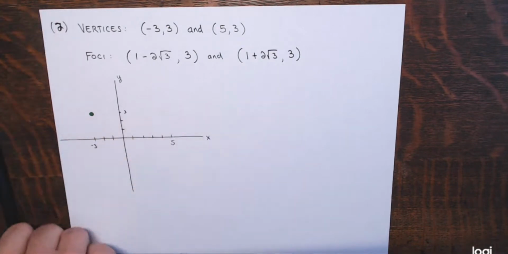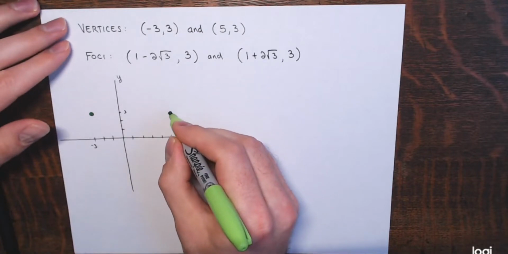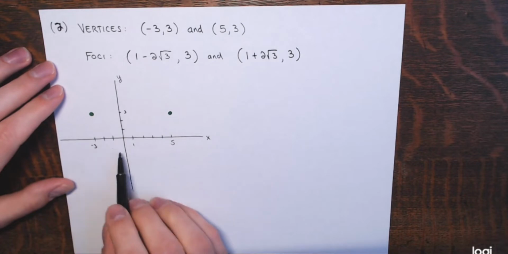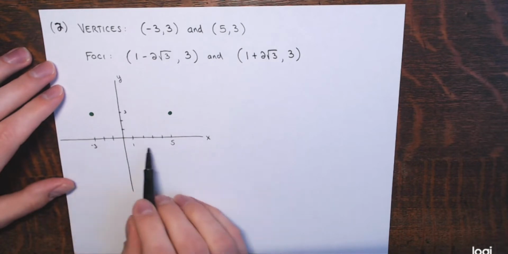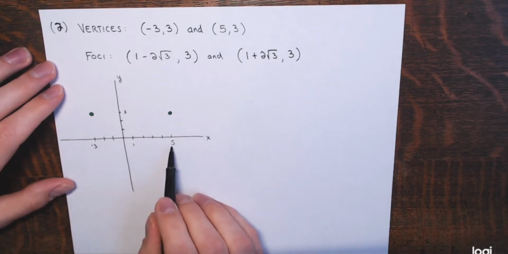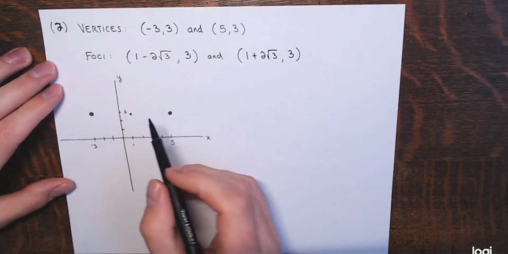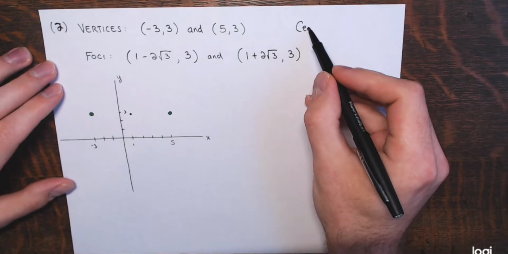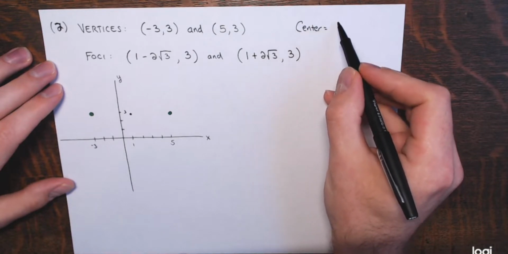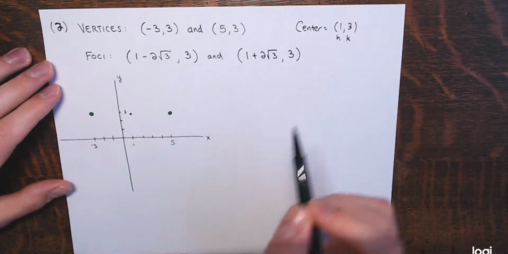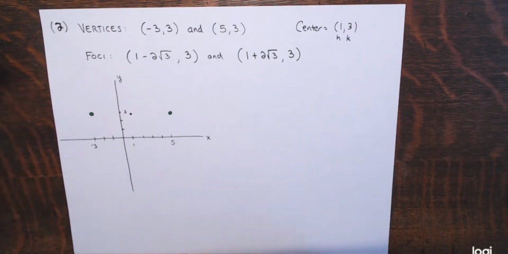So the center should be at 1, 3. Right? That's exactly halfway between these. Negative 3 to 5 is 8 units. Half of that is 4, so I need to go 4 units away from the middle. So the center we can figure out is going to be at the point 1, 3. And there's the value of h and k that are going to go into my equation.